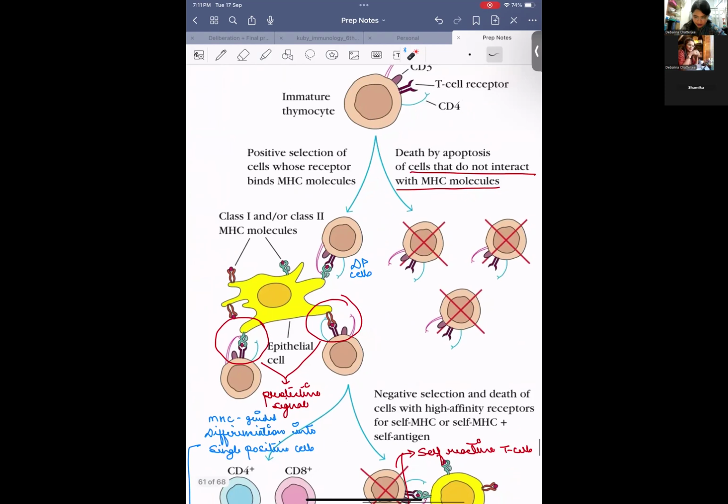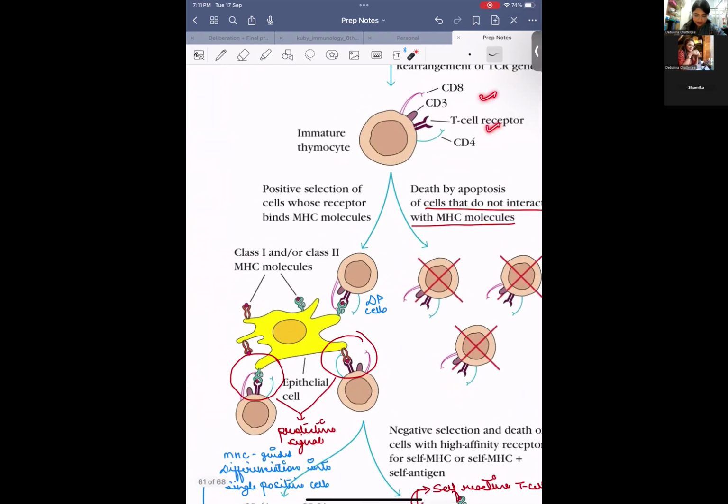So we have a double positive cell here and we have MHC expression by the thymic epithelial cells. All nucleated cells of the body obviously have class 1 MHC molecule expression, and thymic epithelial cells, being antigen presenting cells, also express class 2 MHC molecule.